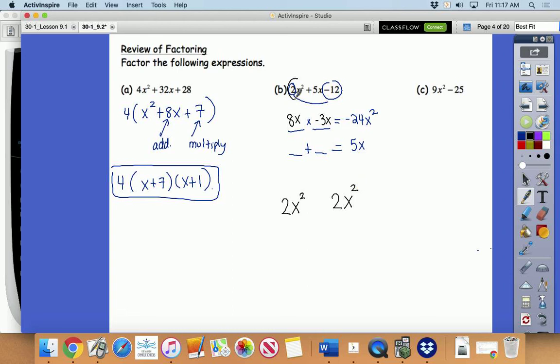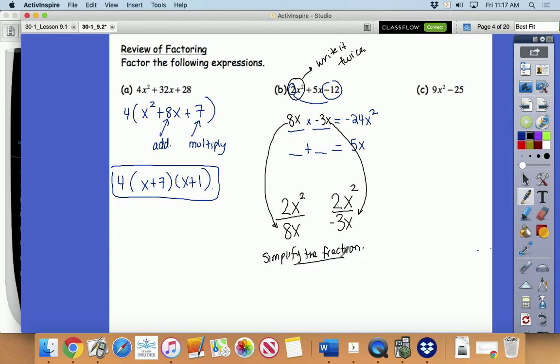So I'm just writing this part, write it twice. And then I'm going to divide by these two numbers I just found. I'm going to divide it by 8x and negative 3x. And then all you have to do is simplify the fraction.